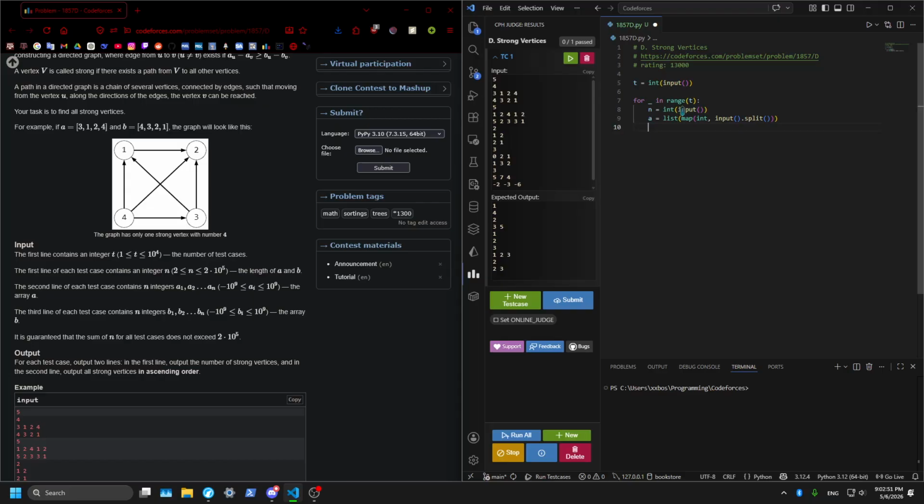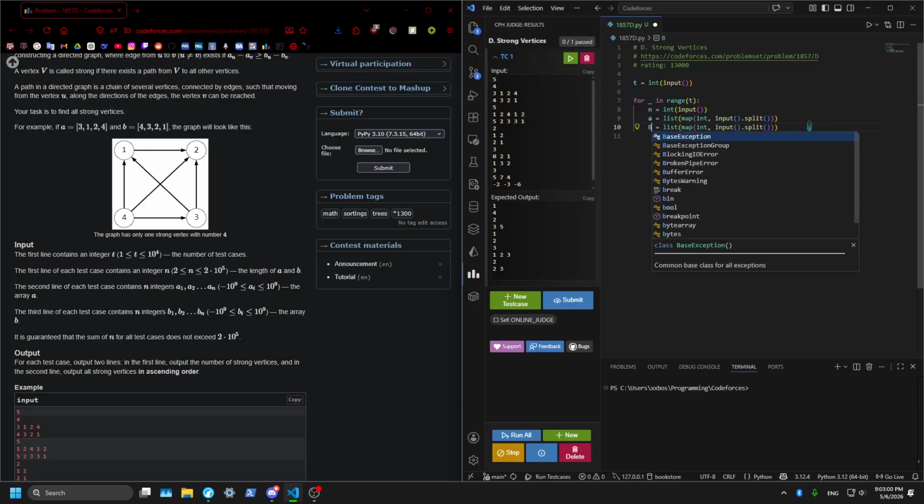And then we take in a B. B is an array too.